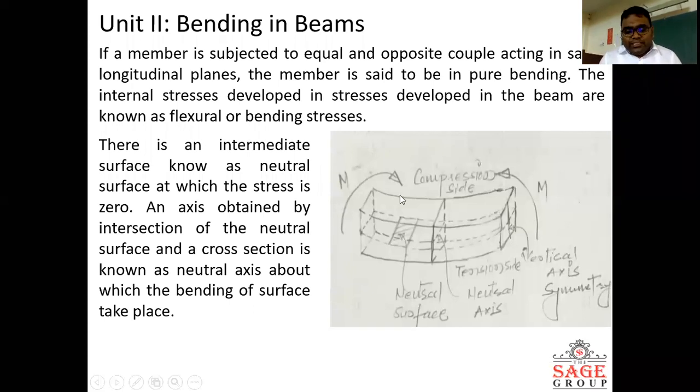This is a typical diagram of a beam element which is subjected to pure bending, and there are a few terminologies we should try to understand. There is an intermediate surface. Dear students, try to understand this.